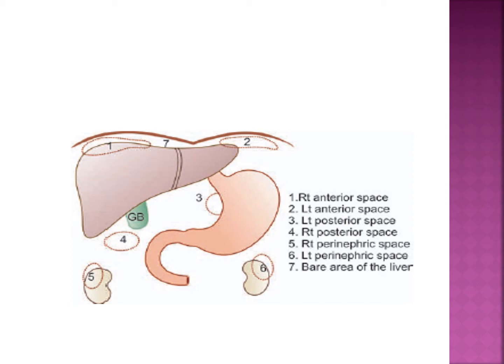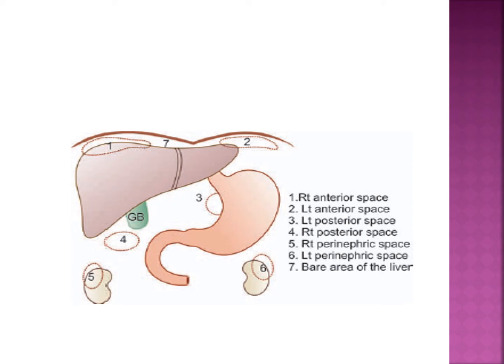The other posterior spaces, 3 and 4, are well known. Number 3, the left posterior intraperitoneal space, is also known as the lesser sac. Fluid can collect here mainly following pancreatic surgeries or inflammation of the pancreas in the form of pancreatic pseudocyst. The fourth space, the right posterior intraperitoneal space, is also known as the hepatorenal space or the Morrison pouch.